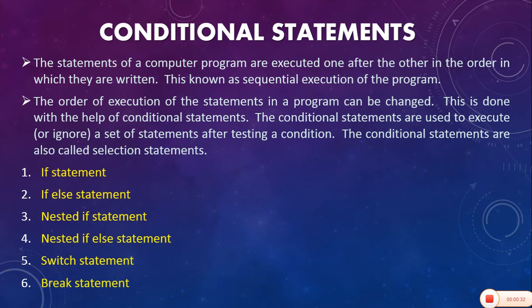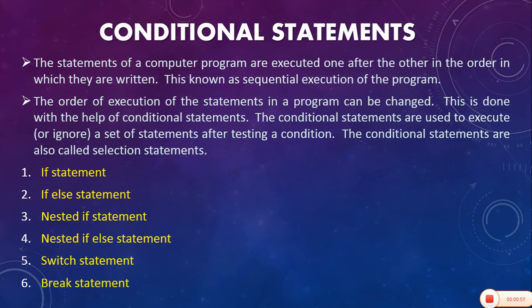As we know, the statements of a computer program are executed one after the other in the order in which they are written. This is known as sequential execution of the program. It means that the compiler executes the statements that are written in sequence.